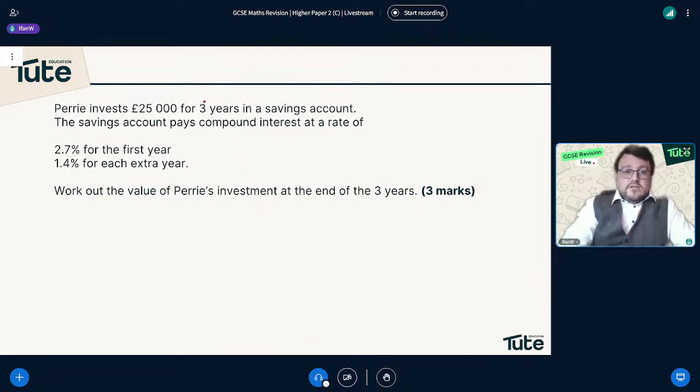So basically 3 years, 2.7% for year 1, 1.4%, I should put percent there, shouldn't I, for year 2 and 1.4% for year 3. So what we would expect to see for your 3 marks here is, first of all, you would need 2 multipliers.